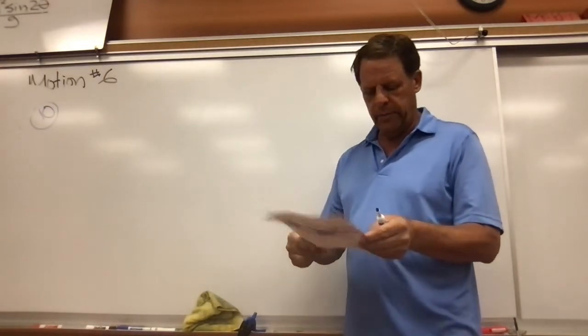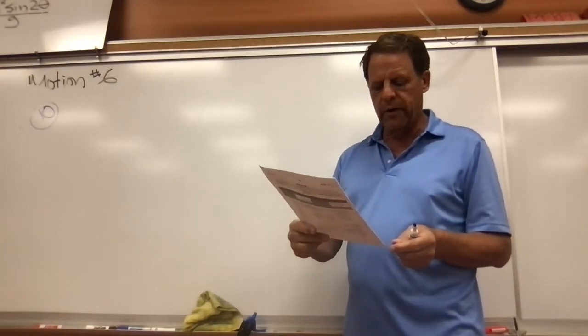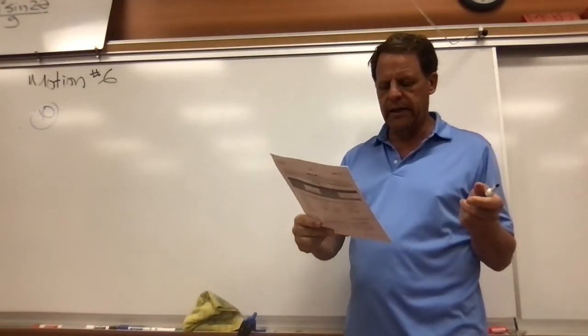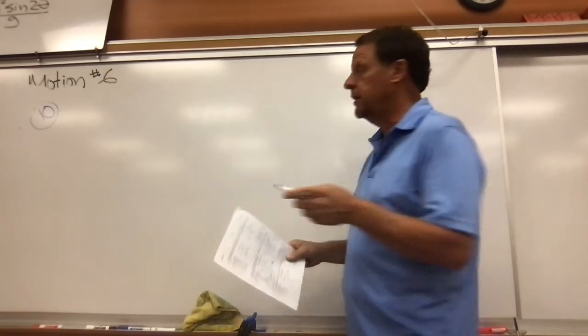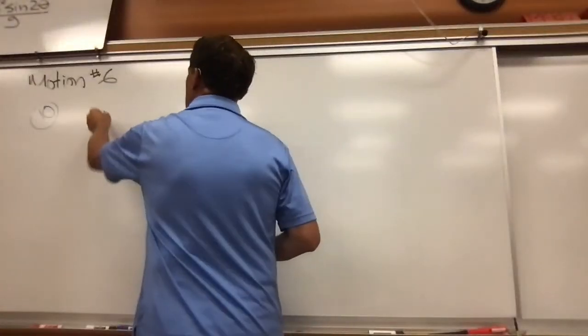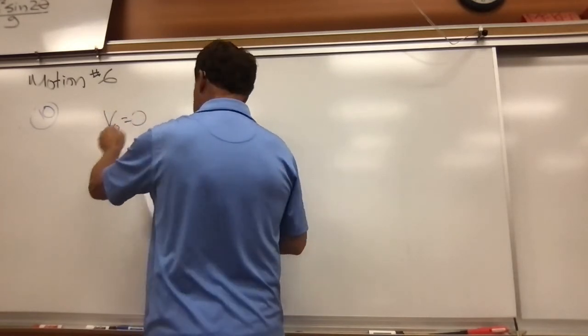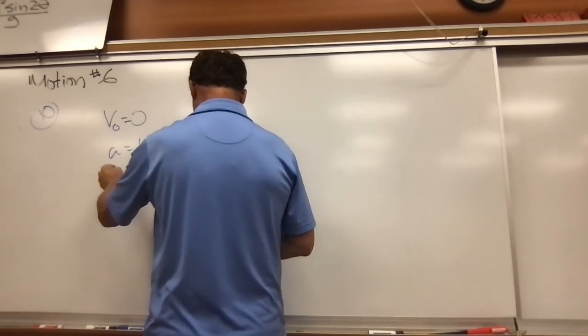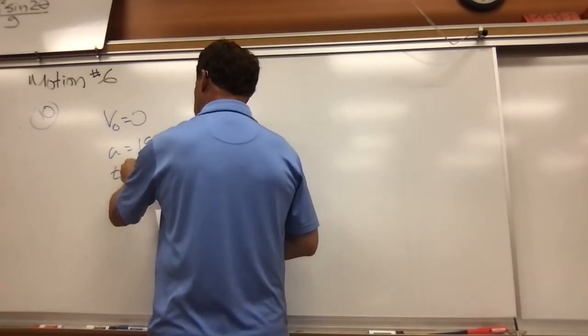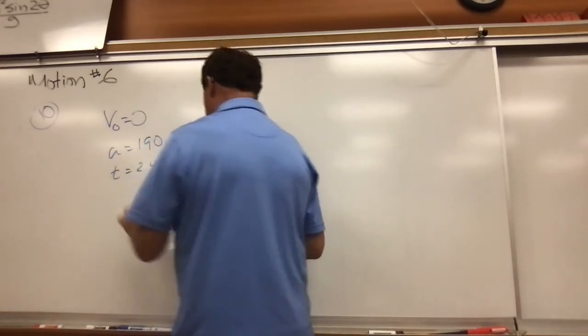All right, and finally, problem number 10. A rocket at rest accelerates at a rate of 190 meters per second squared for 2.4. What's the final velocity? Okay, so we know our initial velocity is 0. We know our acceleration is 190, and we know our time is equal to 2.4 seconds.